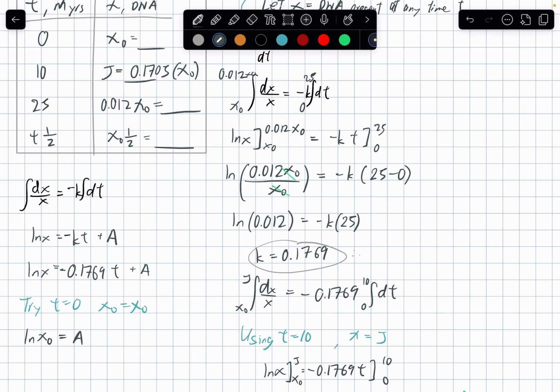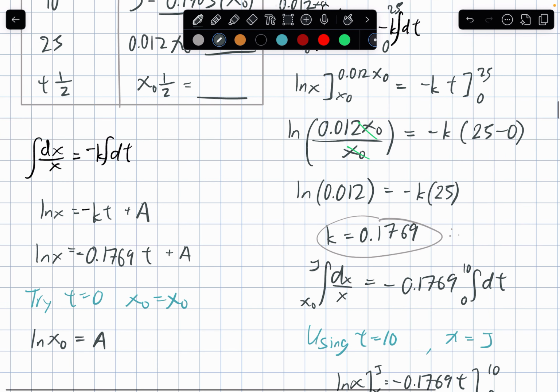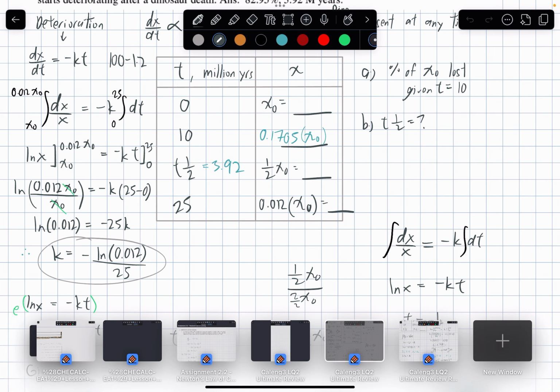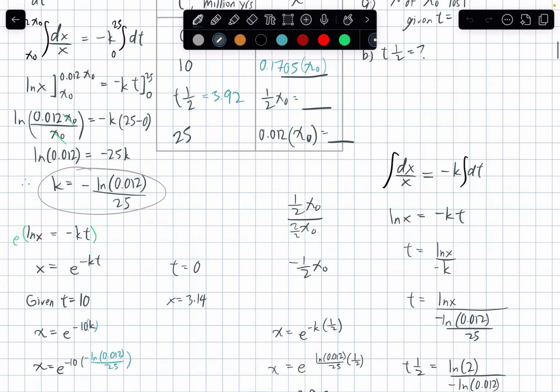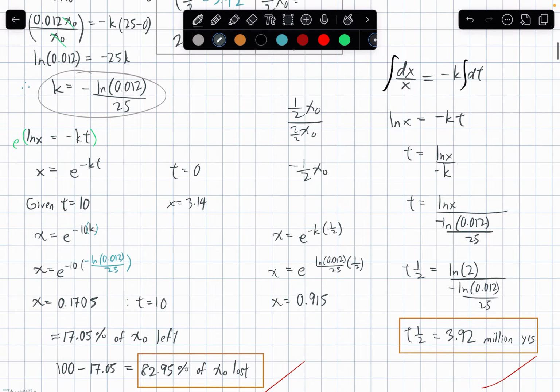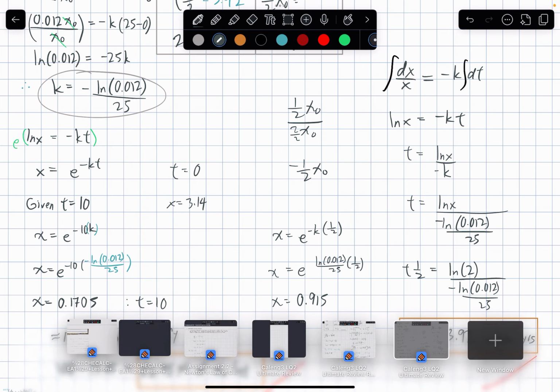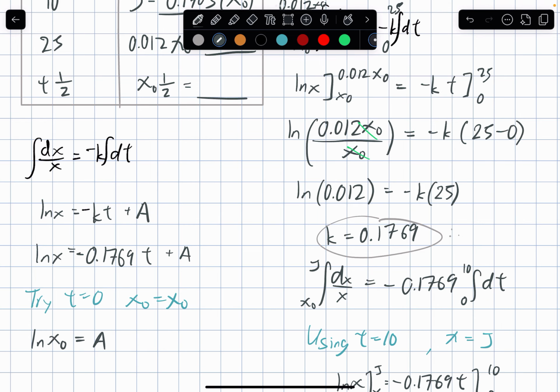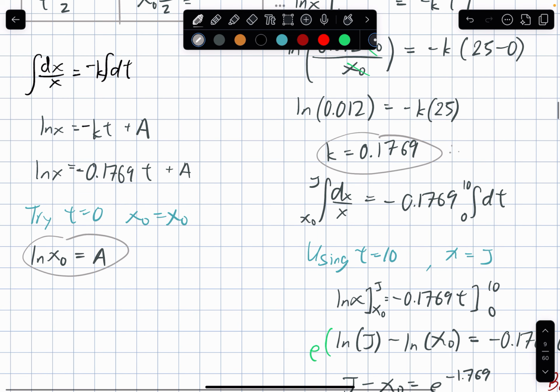Let's try that approach. But then at the same time, when integrating, there's supposed to be a plus a. You can't just leave that. Figure what I mean? Wait, let's actually try this. So we actually found what the a value is.